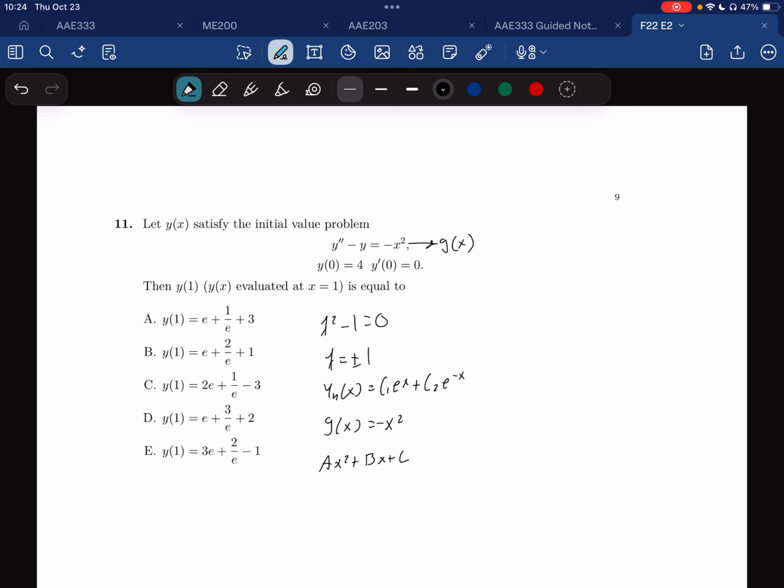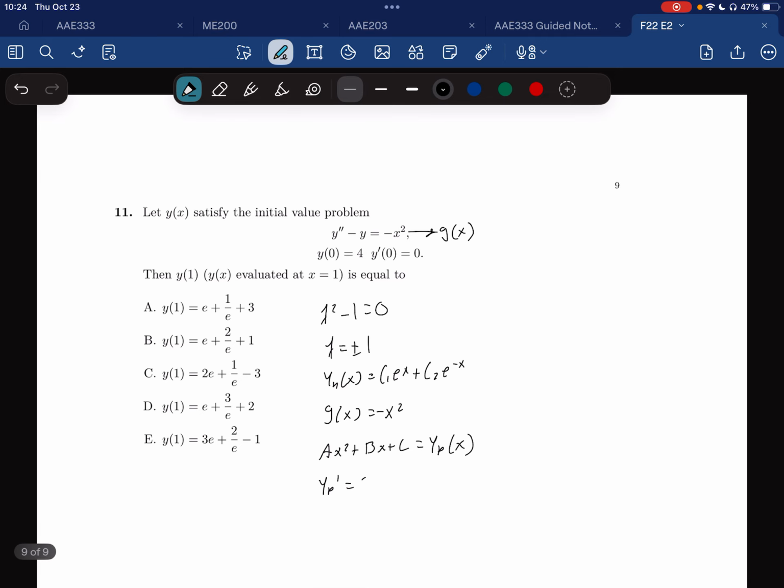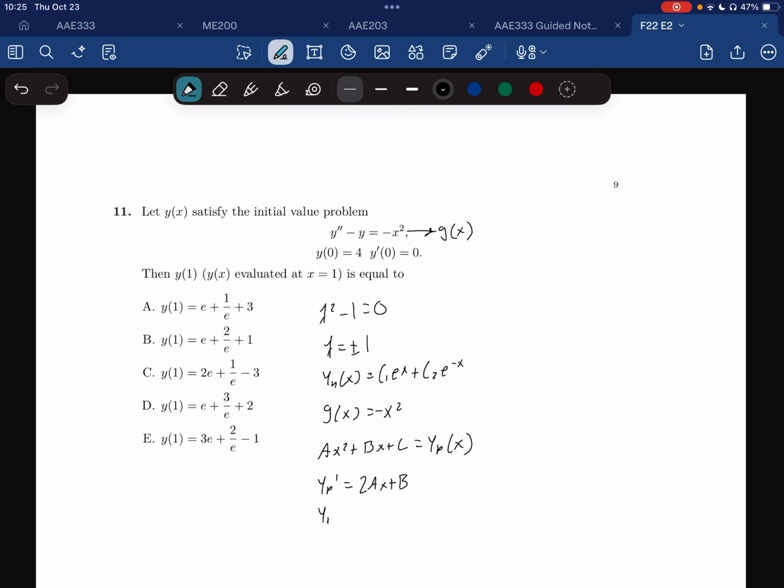The way we can find a, b, and c is we're going to have to plug it back into our equation. So this is y p of x, our particular solution. y sub p prime is going to be equal to 2ax plus b, and then y sub p double prime is just going to be 2a.